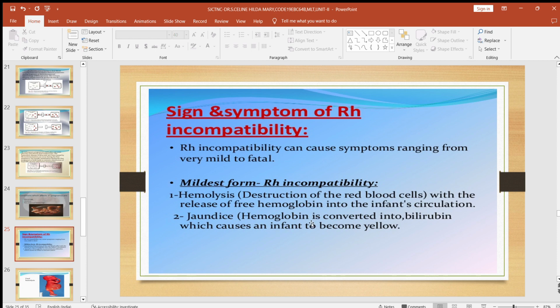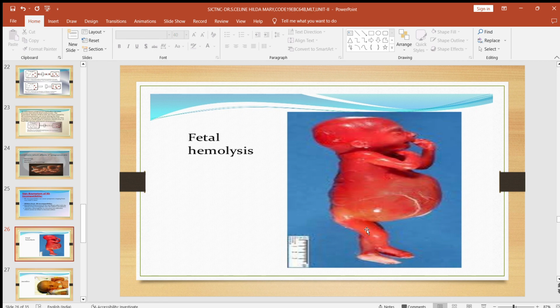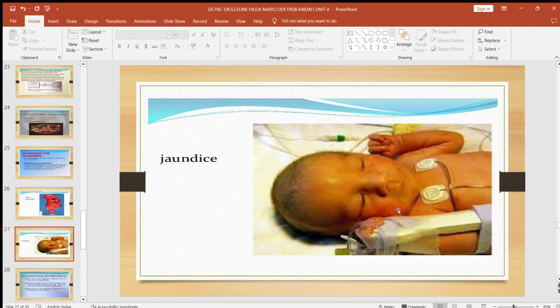In jaundice, hemoglobin is converted into bilirubin, which causes the infant to become yellow. This occurs due to the RH incompatibility. This is the picture of fetal hemolysis. This is the picture of neonatal jaundice.